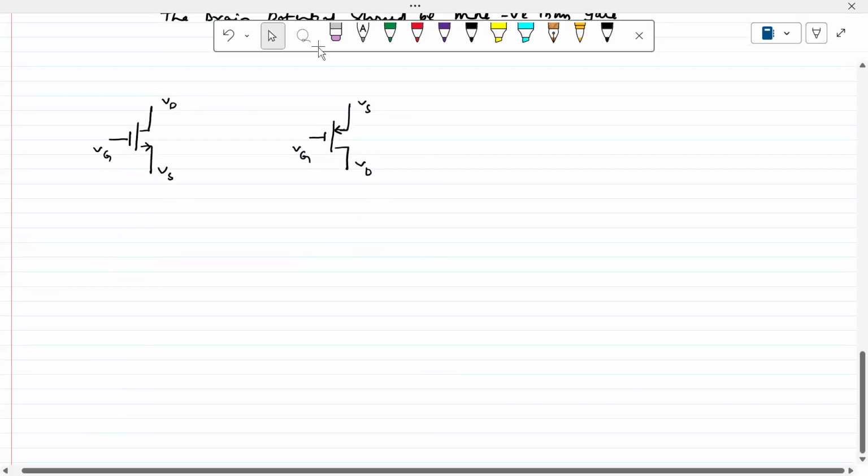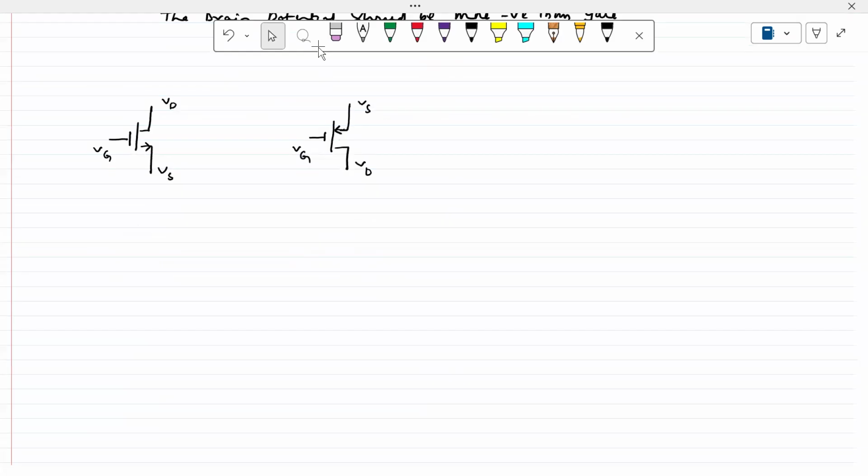If you want to make this transistor operate in the linear region or the saturation region, what do we have to apply? We compare the drain potential and the gate potential.